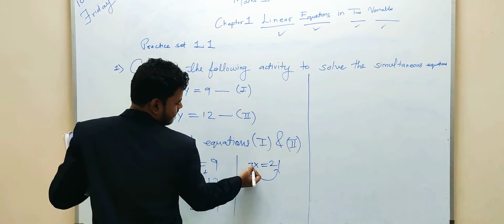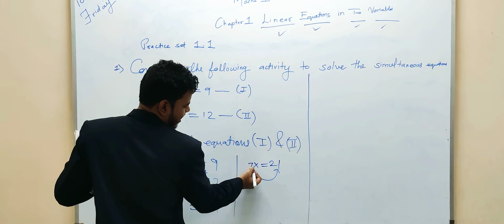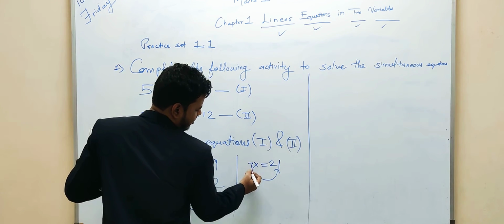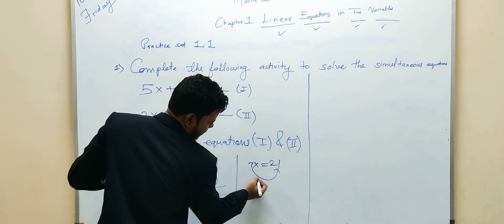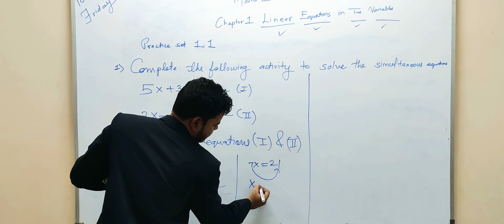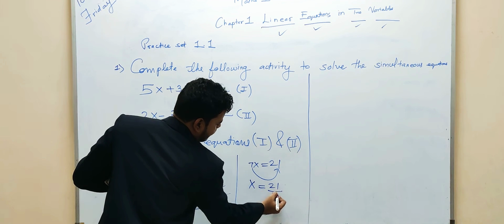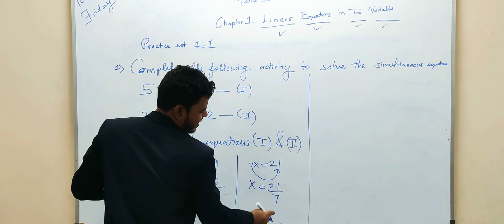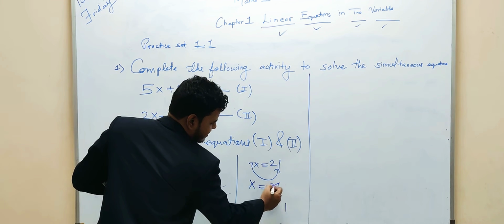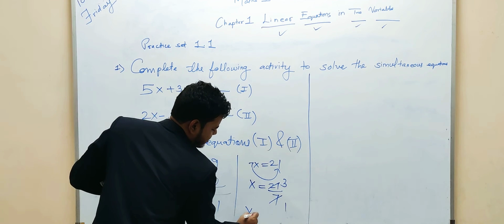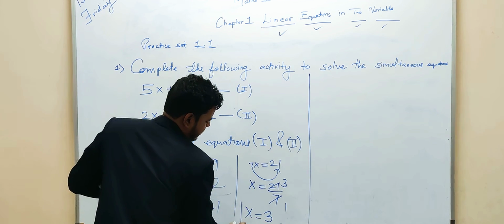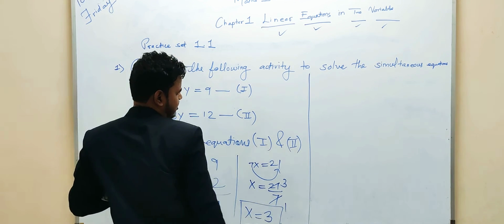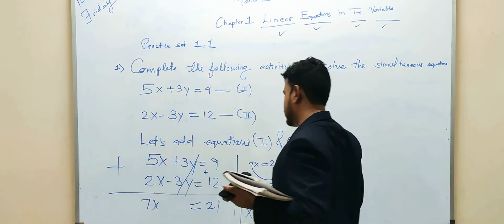So this 7 is in multiplication with the variable x, and if we change its side, x is equal to 21 upon 7. 7 ones are 7 and 7 threes are 21. So x is equal to 3. The value of x is 3.